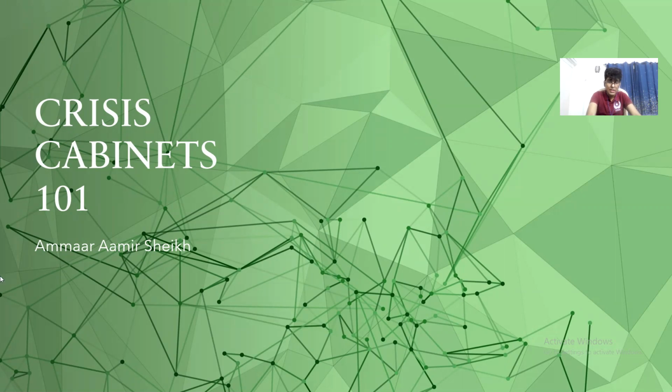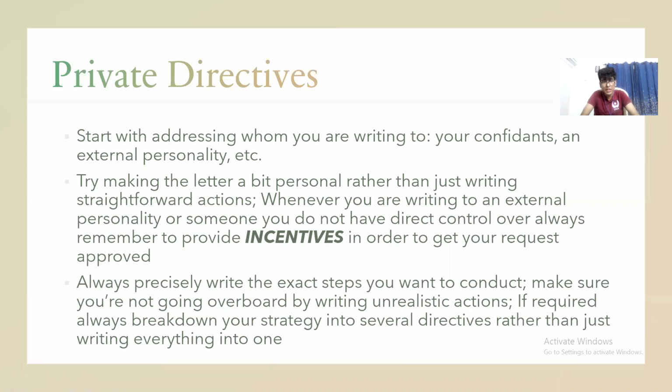The first thing that we will be covering is going to be private directives. So ideally, what private directives are, right? In Pakistan, we call them private directives. Internationally, they are called crisis notes. And private directives are basically everything that you have to do with your portfolio powers.